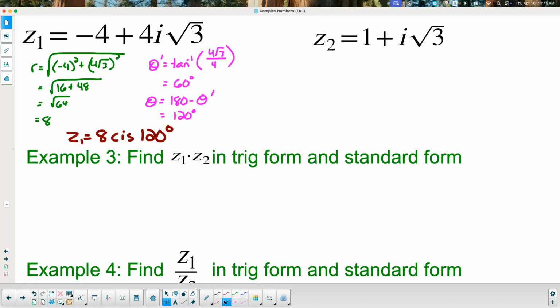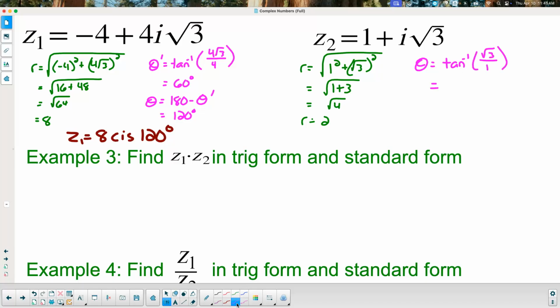Okay. I get z sub 2 is 2 CIS of 60 degrees. Yes? Okay.